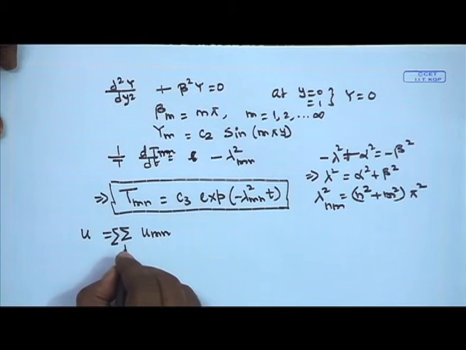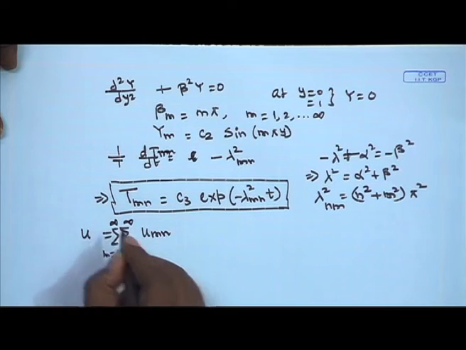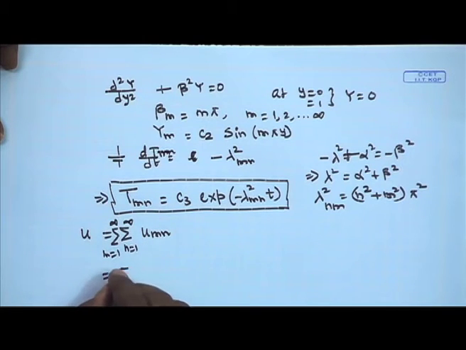One is in the x direction and one is in the y direction. They are independent of each other. Therefore, two summations appear in the solution, one over n and another over m, with n equal to 1 to infinity and m equal to 1 to infinity.